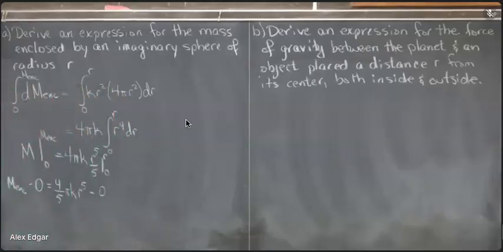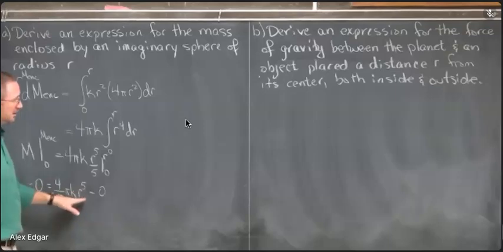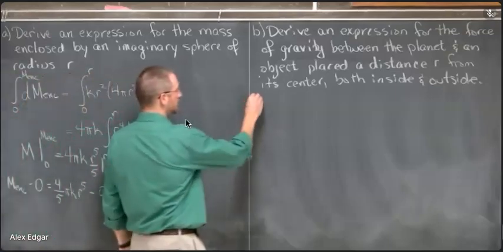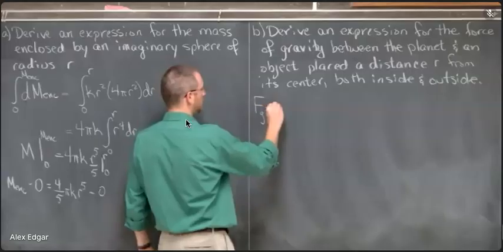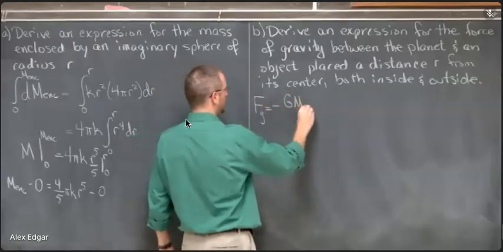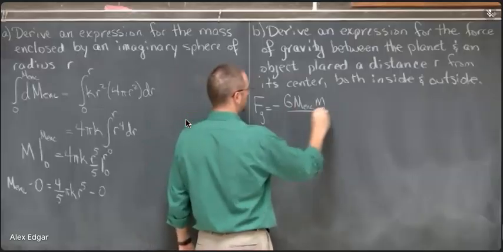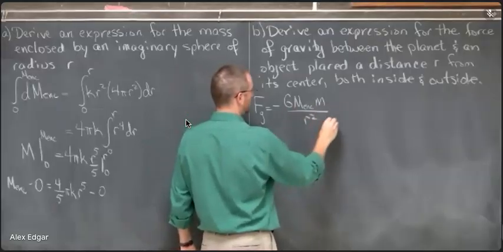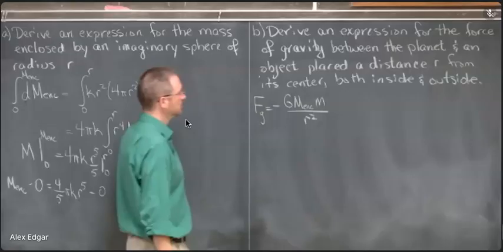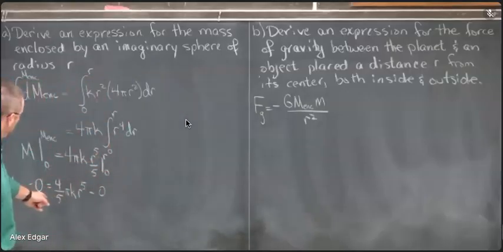And I want to do this both inside and outside the planet. Inside the planet, we're only going to have this little r here, and our expression, Fg equals minus G m enclosed, mass of the object, over r squared. Now we have an expression for the mass enclosed. It's this guy.